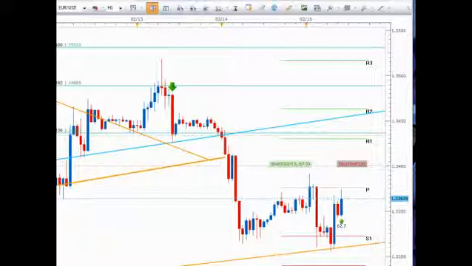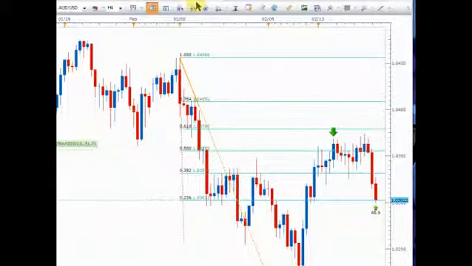Again, for you guys in the euro dollar, and we called out a trade on Aussie dollar on Wednesday as well, and we just collected about 49 points on this trade.